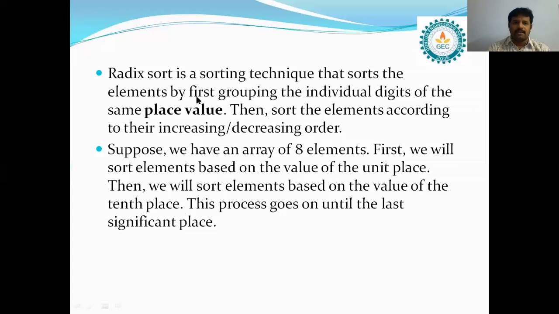Radix sort is a sorting technique that sorts the elements by first grouping the individual digits of the same place value. That means individual digits: first we consider the digits in the units place, then the digits in the tens place, and then the digits in the hundreds place.